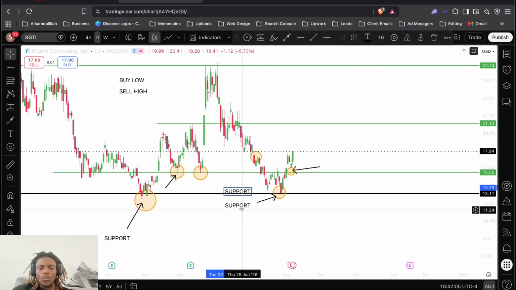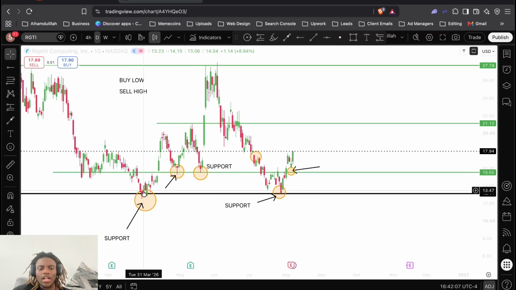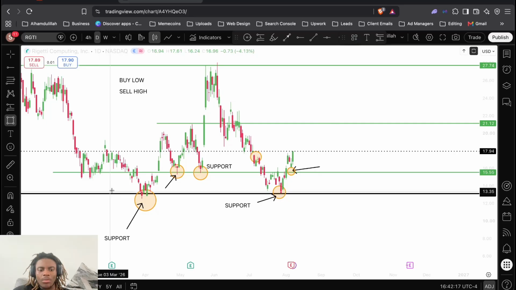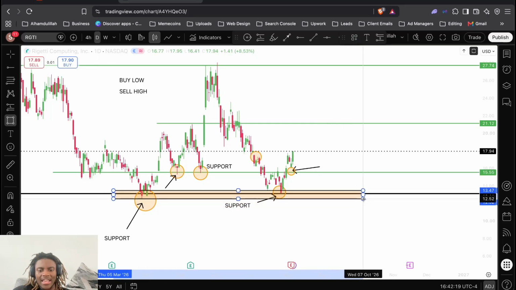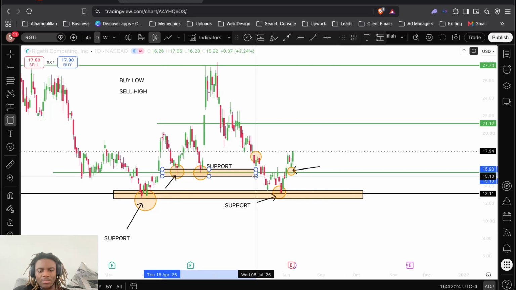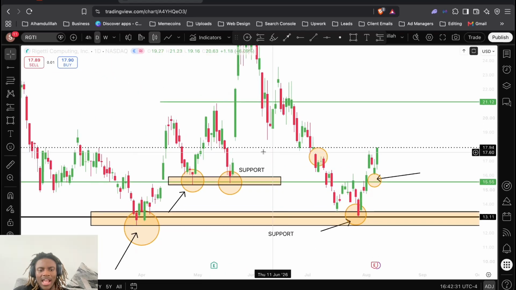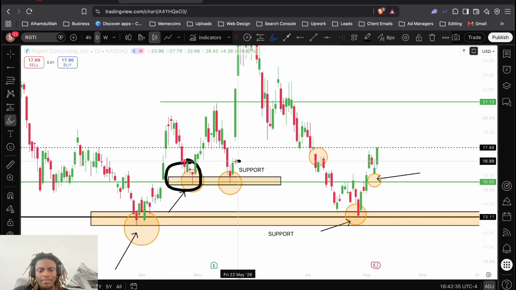What areas of support indicate are these bottom points where we see the market bottom out and burst in an upwards direction within the same exact place. Here within these golden boxes, we have a support zone. Within these two areas, we also have a support zone. When price comes down into these sections and then bursts in an upwards direction, that lets me know this was an area of support.